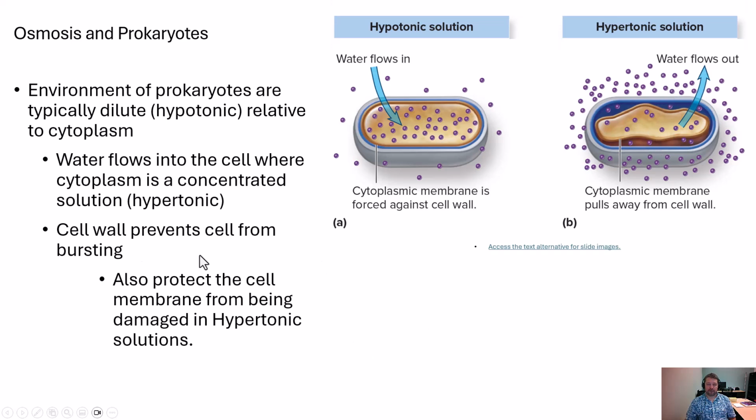Okay, again, the cell wall prevents the cell from bursting, and in regions where the cell membrane is pulled away from the cell wall, it protects the membrane from being damaged. Okay, next time we're going to talk about energy transfer and how the cell membrane determines how energy is transferred.